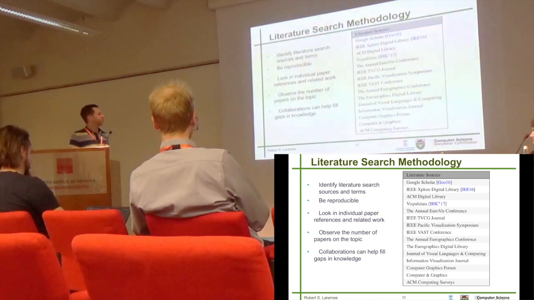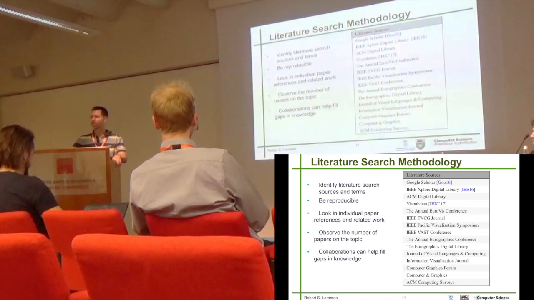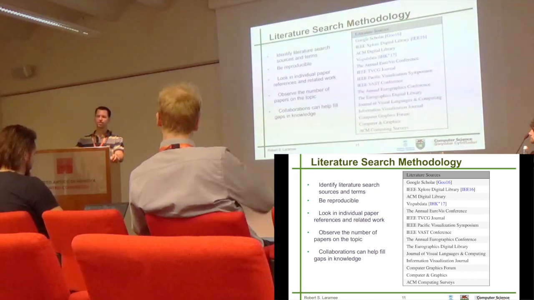So in your literature search methodology subsection, you identify the sources of literature that you searched and the search terms you used in enough detail so that it's reproducible theoretically by someone else. You look in the related work section of the individual papers themselves. And you observe the number of papers on a topic. So if you've chosen a survey topic, look carefully at the number of related research papers you're getting back from the search engines.